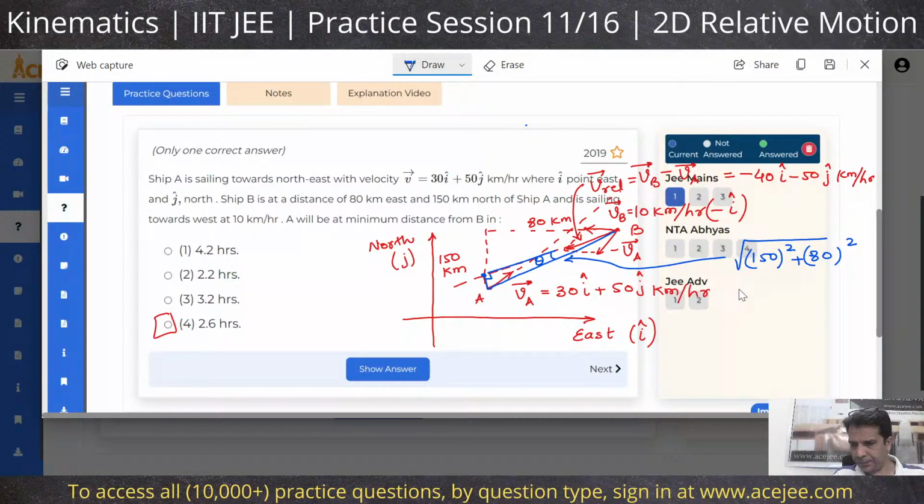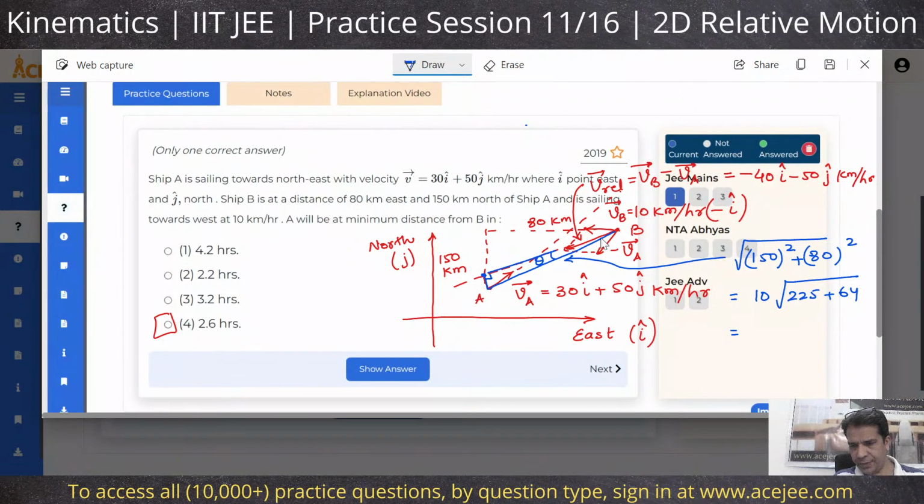Okay. Is that how you guys approached it as well? Yes, sir. Okay. So what does this come out to be, beta?